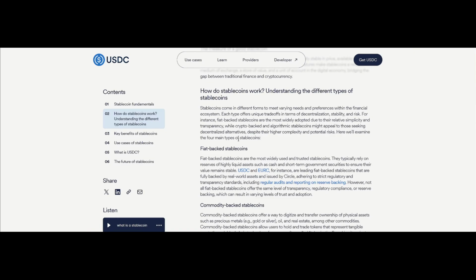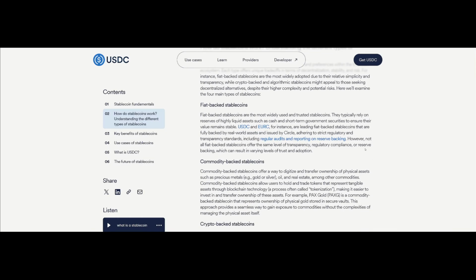Here we'll examine the four main types of stablecoins. So we're all going to get a learning lesson. I'm going to read this and then I'm going to close this video out. Fiat-backed stablecoins are the most widely used and trusted stablecoins. They typically rely on reserves of highly liquid assets such as cash and short-term government securities to ensure their value remains stable.